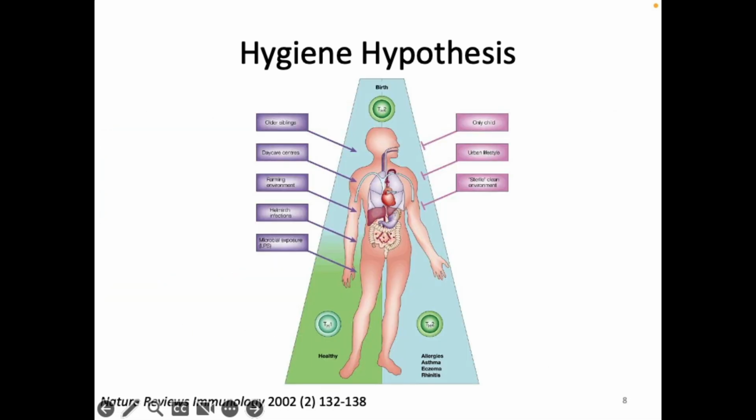So these are some other epidemiological associations we've seen. You are more likely to have, particularly, allergies if you were an only child, if you lived a more urban lifestyle, if you had a particularly clean environment, and you in fact are statistically less likely to have allergies if you have older siblings.